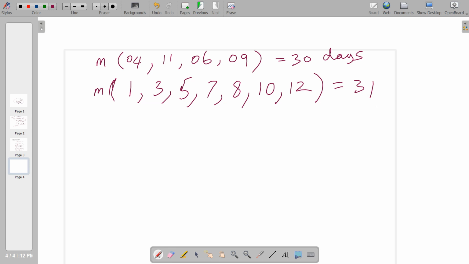And then for the month of February, we have some special cases. We have leap year is 29 days.